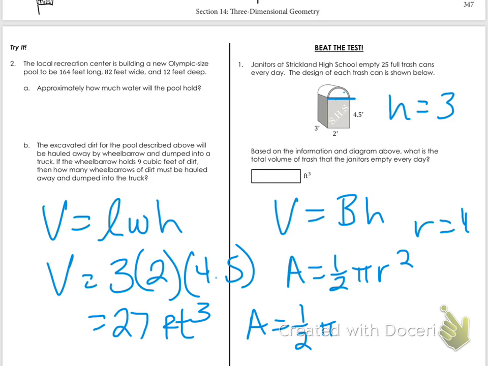And they do not specify where to round to, so I ended up using the 3.14 decimal approximation, getting 910.5 exactly. If I were to have used the pi button, I would have gotten 910.62.